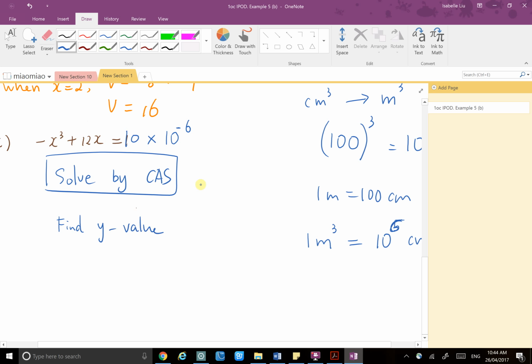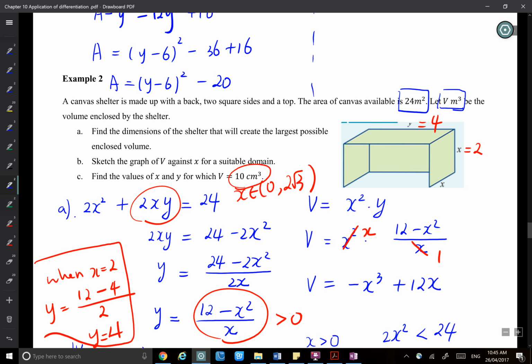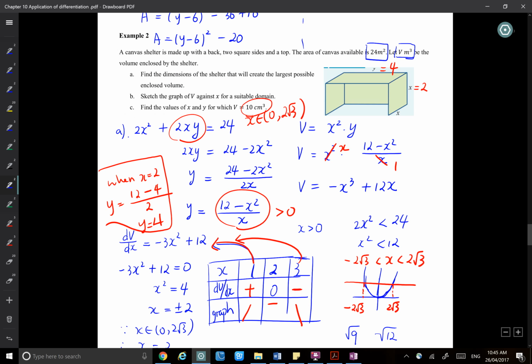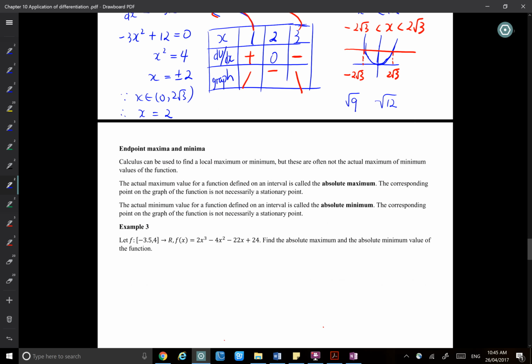What you solve out by CAS is the x value, then you are asked to solve for the y values. Find x and then sub that back into the equation for y and find the y values. That's this example.